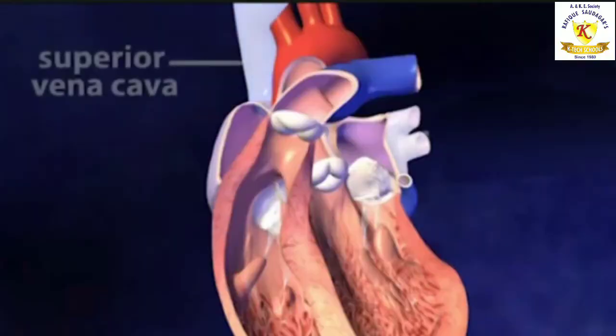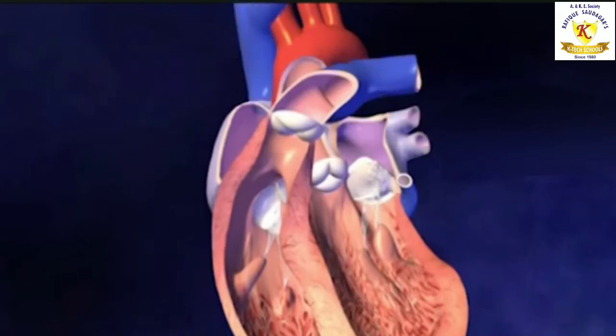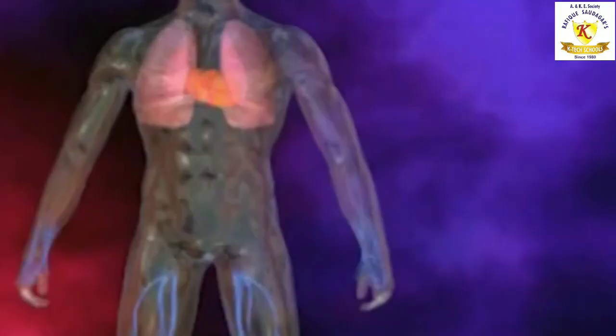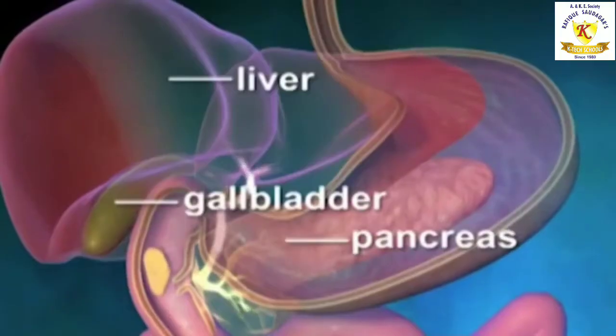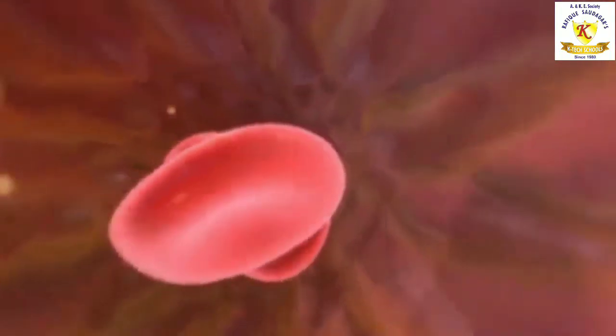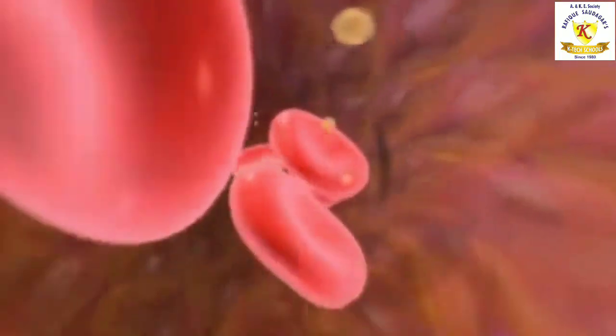This deoxygenated blood enters the heart through the right atrium via the main vein, called the vena cava. Before entering the heart, the deoxygenated blood absorbs the nutrients from the liver and then moves towards the heart.